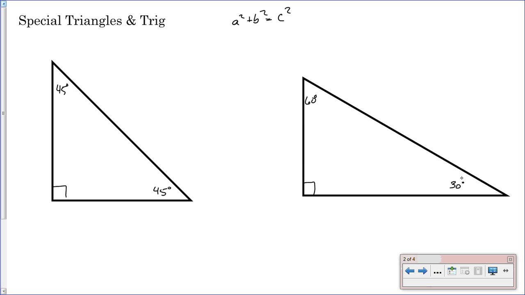So as long as you know one of the sides, you can find the other two just by knowing its place in the ratio.